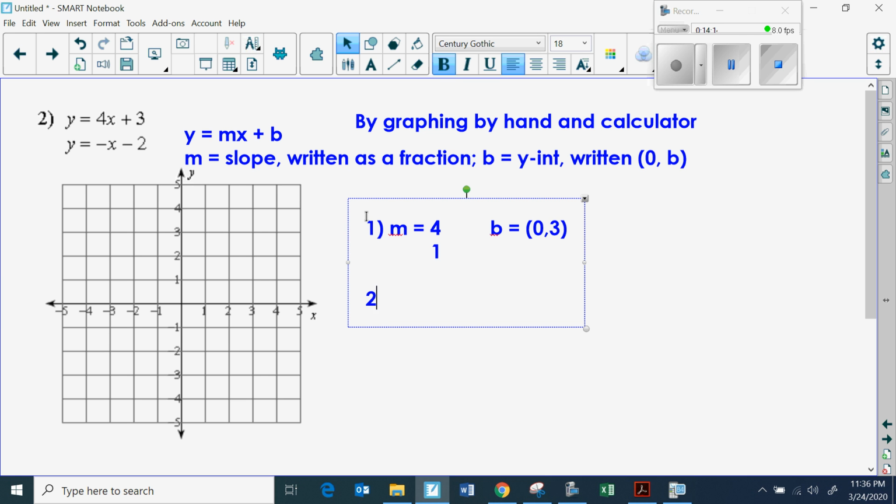Equation 2, we have m equals negative 1 over 1. And as a fraction, if these are integers, we always put them over 1. If it's already a fraction, we just leave it as the fraction itself. But these are not fractions, these are integers, so we put it over 1. Okay, and our b here is 0 comma negative 2.